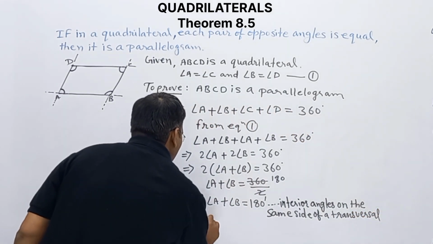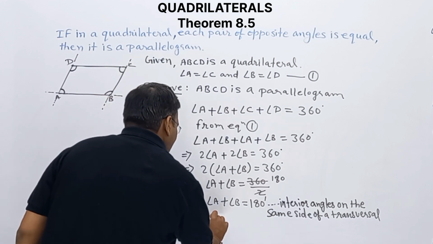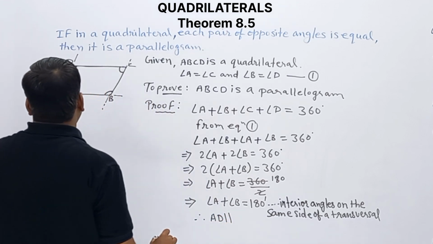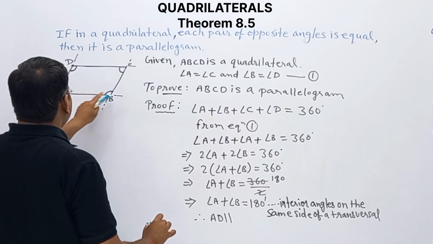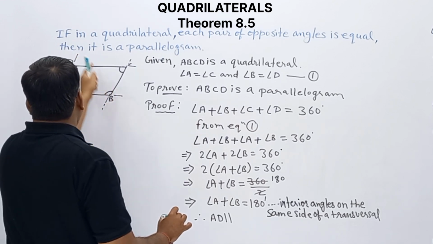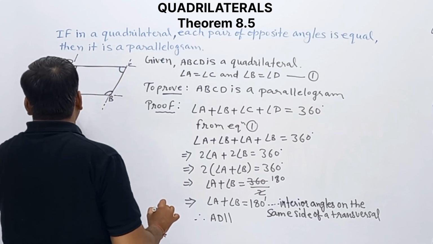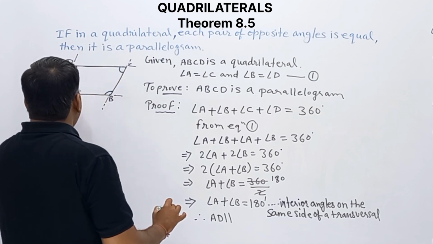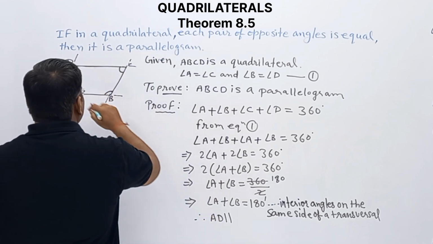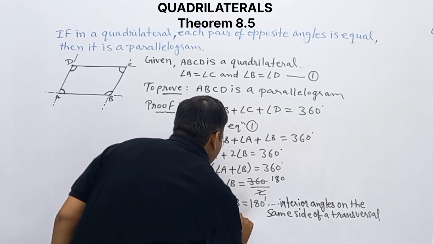Therefore, what can we say? Sum of both angles is 180. It means this is the transversal and these are parallel lines. Then only the sum of these two angles will be supplementary, 180 degrees. So AD is parallel to BC.